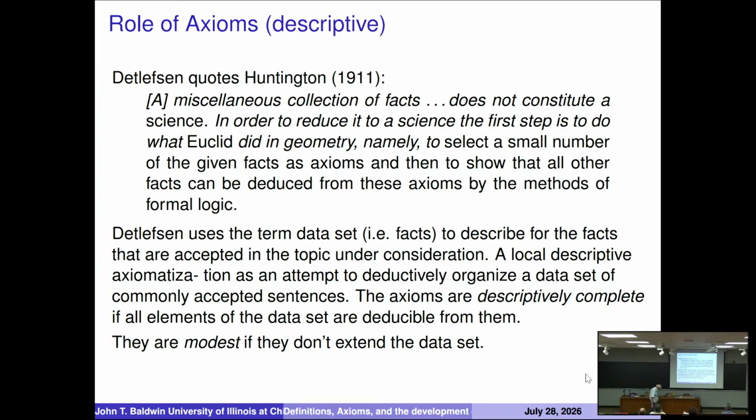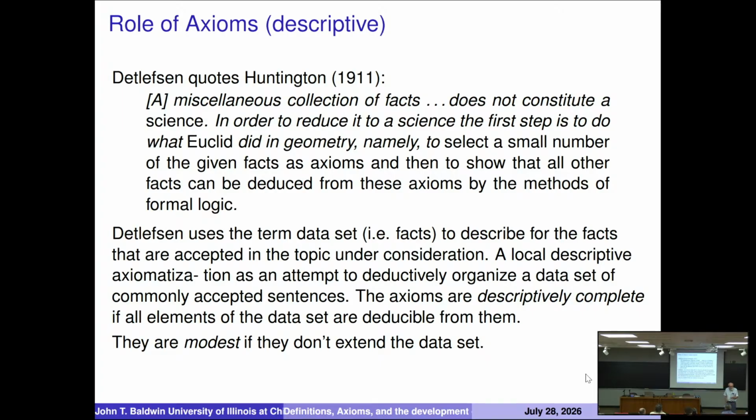By that I mean that you have some logic in which you formulate these axioms. And if from that you can prove lots of stuff that was not in the data set, that's immodest. And any kind of second order axiomatization is then automatically immodest, because it's going to at least formulate the continuum hypothesis.